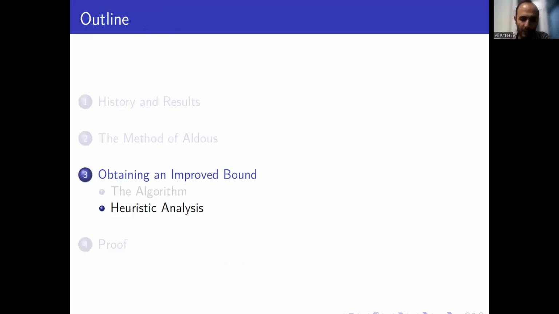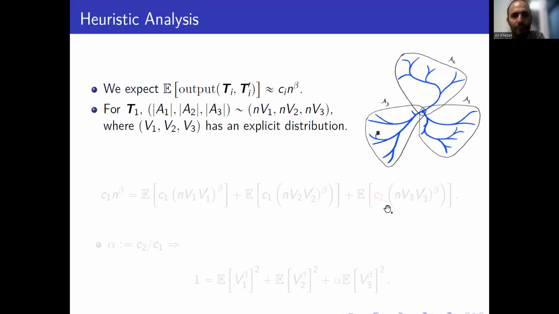Now a heuristic analysis of the algorithm. Here we expect that the expected size of the output is Ci n to the beta for some Ci and beta. Consider the normalized sizes. I proved that the normalized sizes, which are V1, V2, and V3, converge to some explicit distribution, which is some Dirichlet distribution with other parameters.